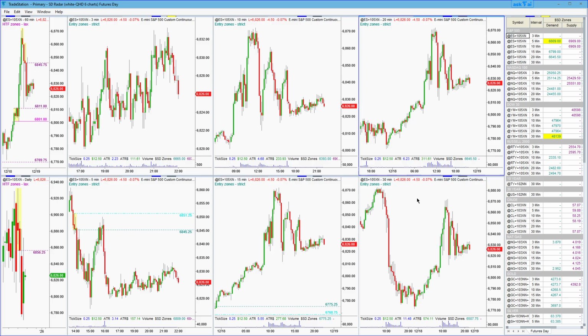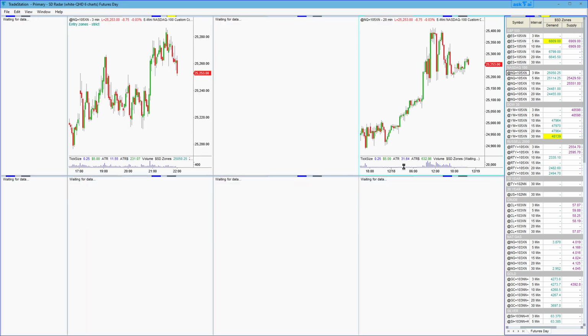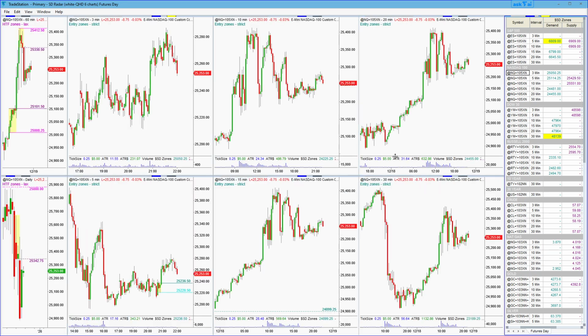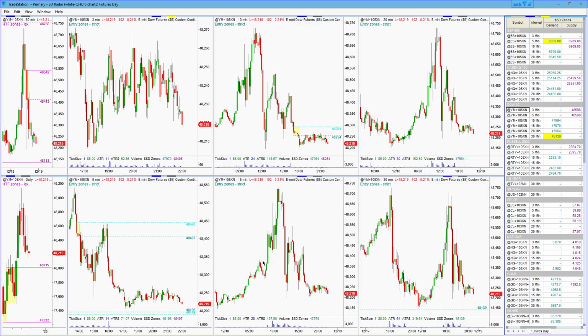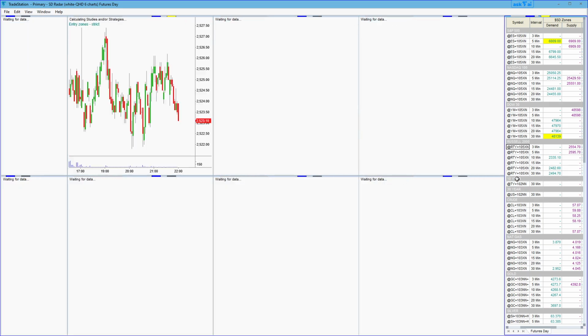But the principle remains. Now, this is all fine and good as long as there's only one zone like this one here. Well, it's easy enough to catch it. But as you start going through the different symbols, you could easily find yourself in a situation where that's just a lot to take in, and it's a lot to always be looking at 6 charts and have your eyes find the zones that are on these charts.